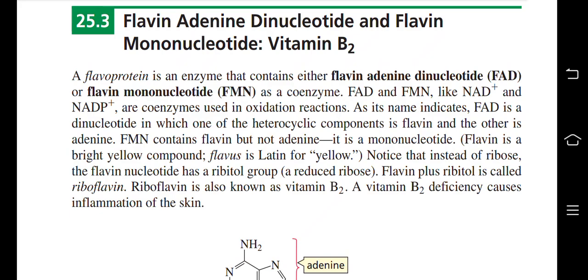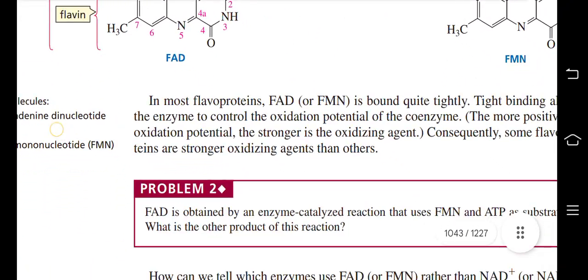As its name indicates, FAD is a dinucleotide in which one of the heterocyclic components is flavin and the other is adenine. FMN contains flavin but not adenine. It is a mononucleotide. Notice that instead of ribose, the flavin nucleotide has a ribityl group. Flavin plus ribityl is called riboflavin. Riboflavin is also known as vitamin B2. A vitamin B2 deficiency causes inflammation of the skin.